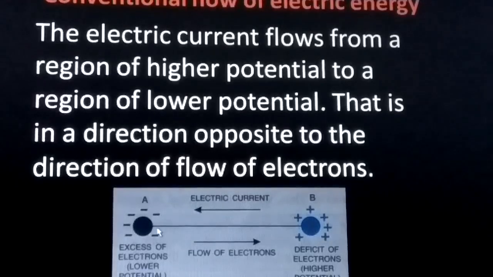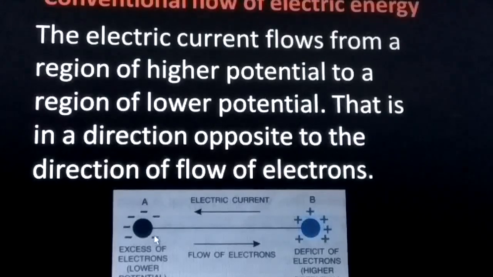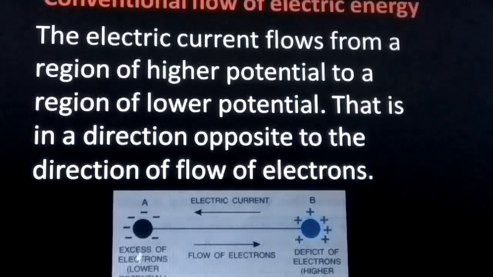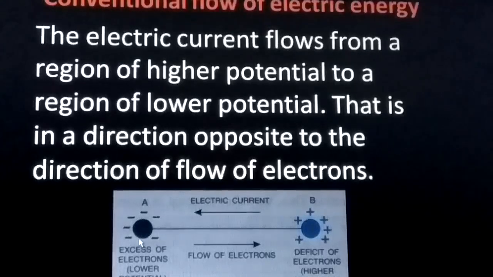If you observe clearly, the electrons always flow from A to B. Observe here, conductor A has an excess of electrons. These excess electrons flow towards conductor B, and the current flows from B to A, that is, opposite to the direction of the flow of electrons.